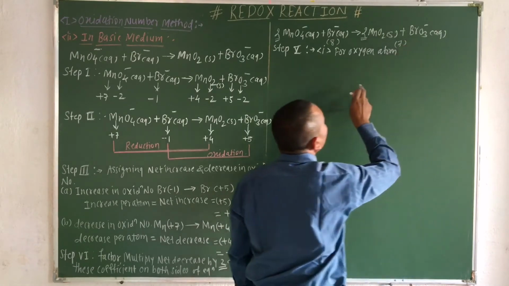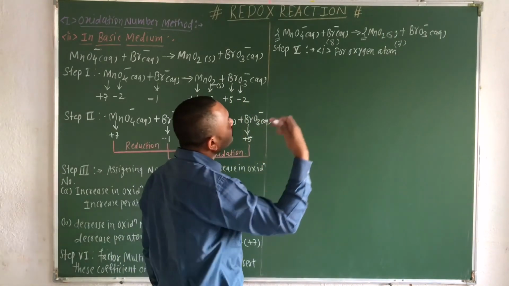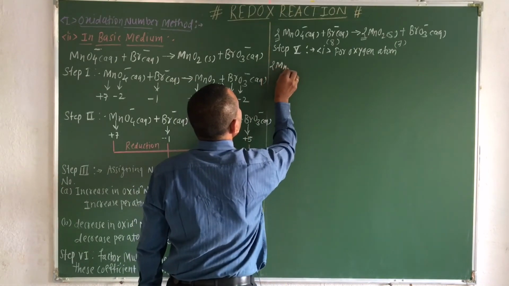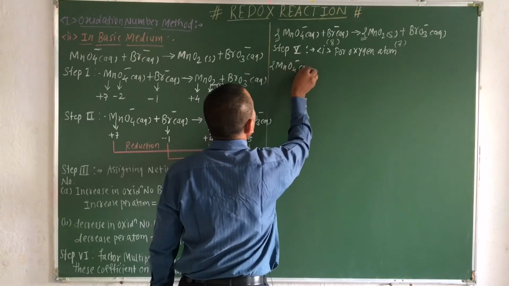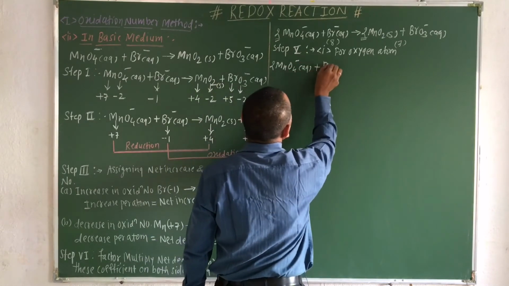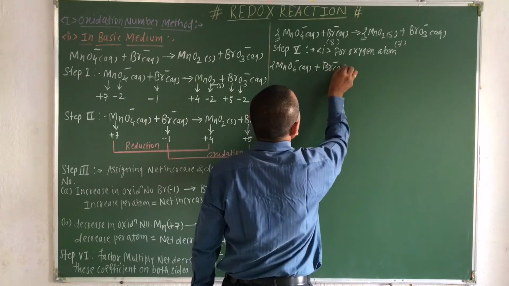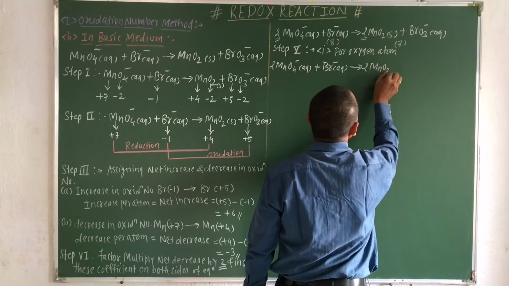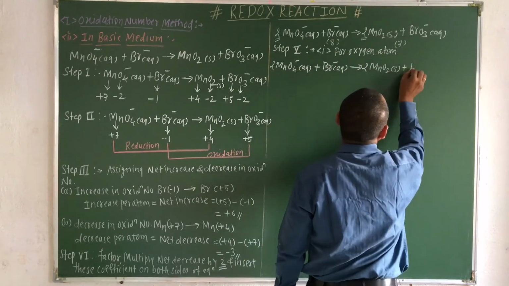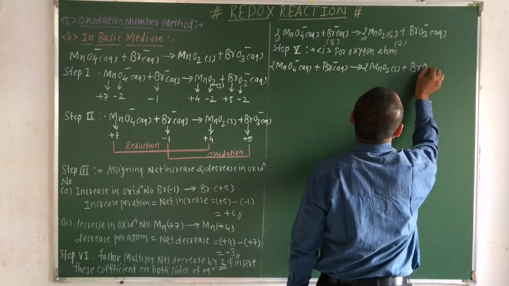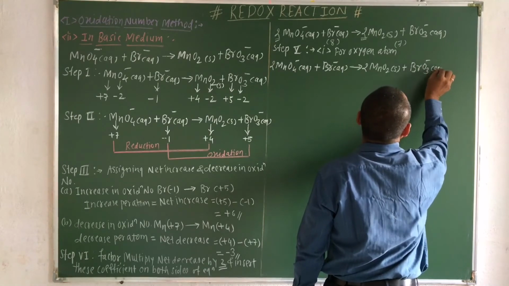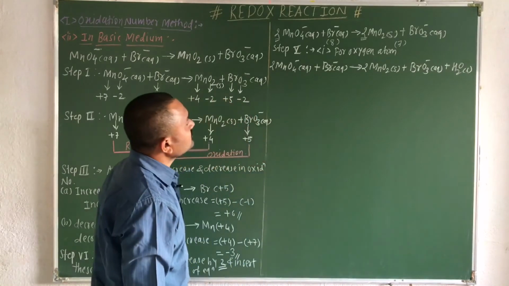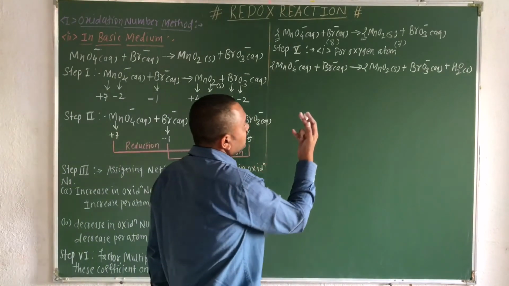So obviously here we are going to add 1 H2O to the right hand side and write down that equation, that is 2 MnO4 minus aqueous plus Br minus aqueous gives 2 MnO2 solid plus BrO3 minus aqueous plus H2O in liquid form. Okay, so this is about your oxygen atom.